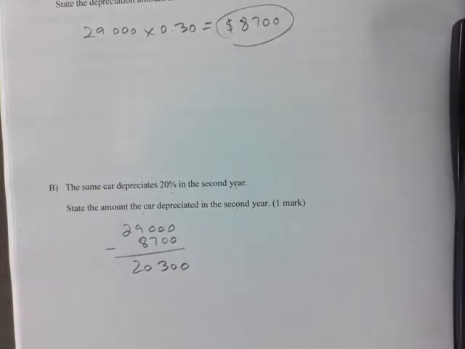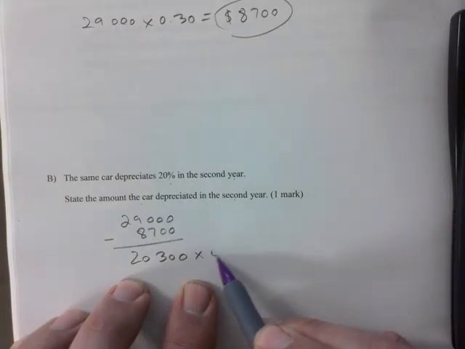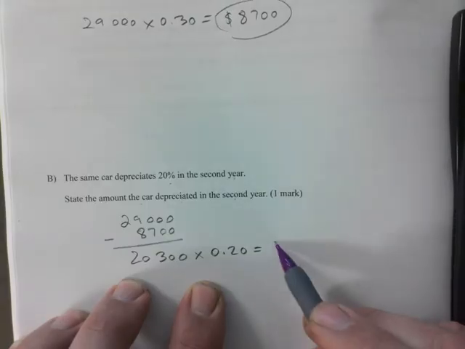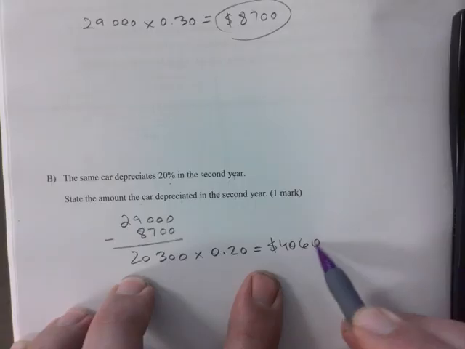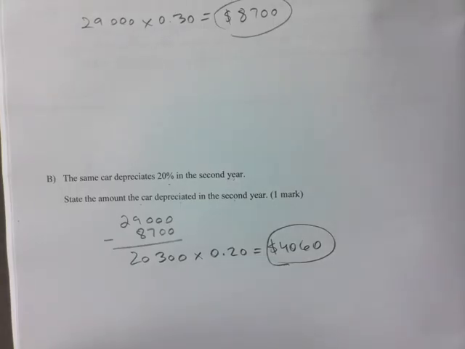That's how much the car is worth at the start of the second year. So in this case, you figure out 20% of that, which is $4,060. Okay, so that's how depreciation works. Every year you take off what is lost, and then you find a percentage of what remains.